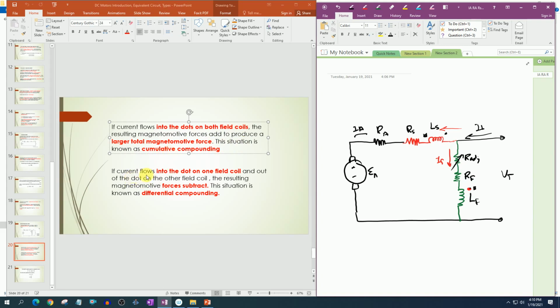But if current flows into the dot on one winding and the square on the other winding, then the resulting magnetomotive forces subtract, and this situation is known as differential compounding. For example, if there is no dot here and current enters at the square end and the dot at this end, then the magnetomotive forces subtract from each other, and this becomes differential compounding. So there are two types, one is cumulative compounding and the other is differential compounding.